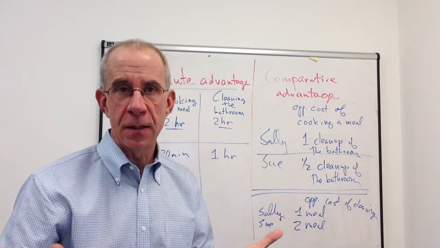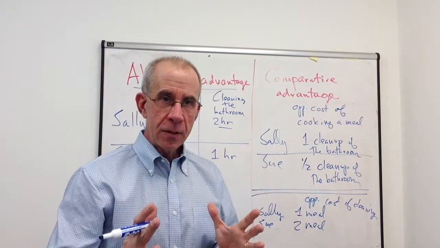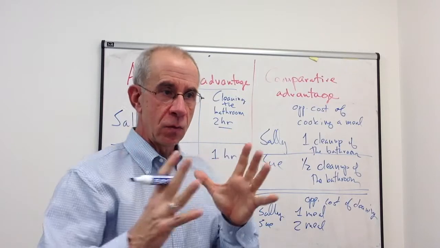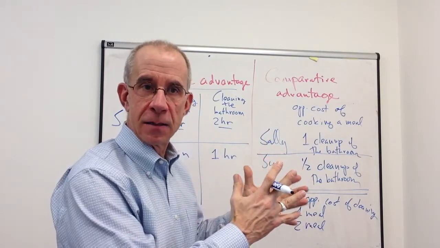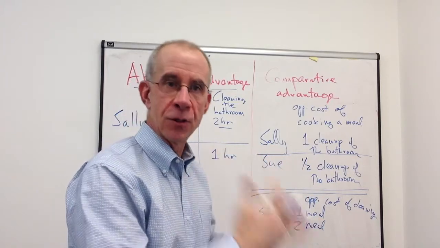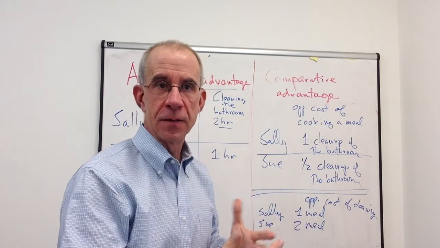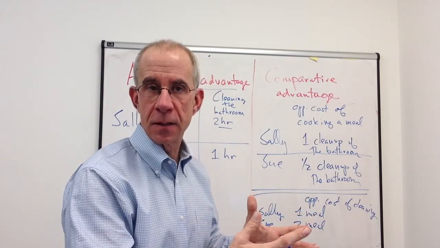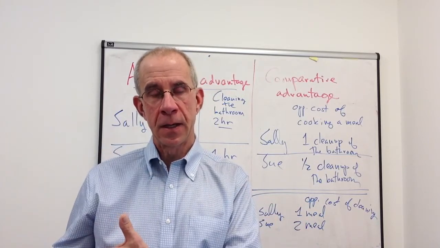Now let's think about this in a trade context. Opportunity cost means that if you devote resources to, say, making steel, that's going to take machinery, engineers, laborers, all these different activities to produce the ton of steel that could potentially be used doing something else.